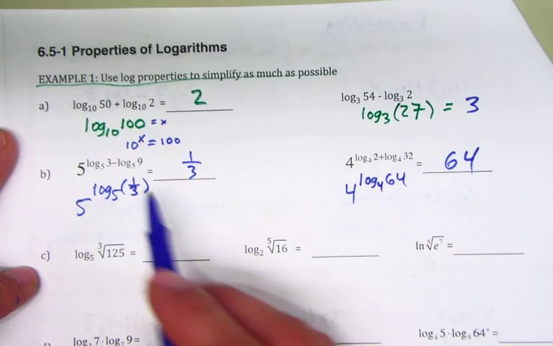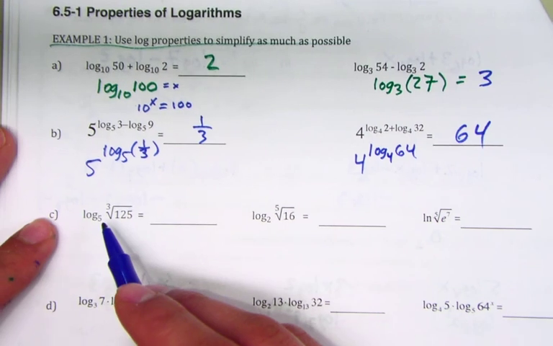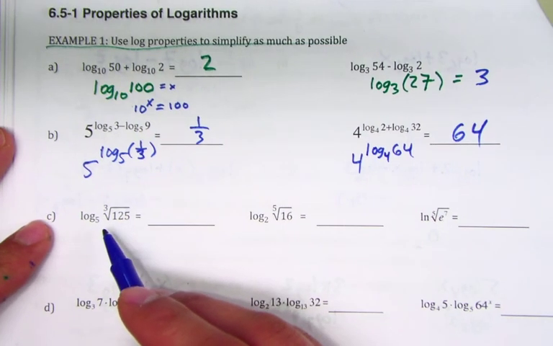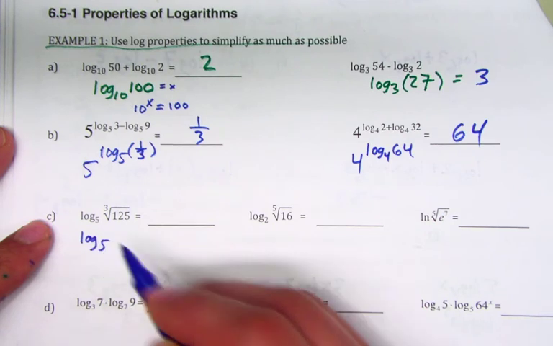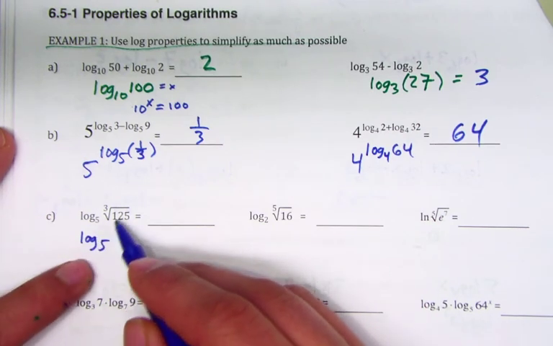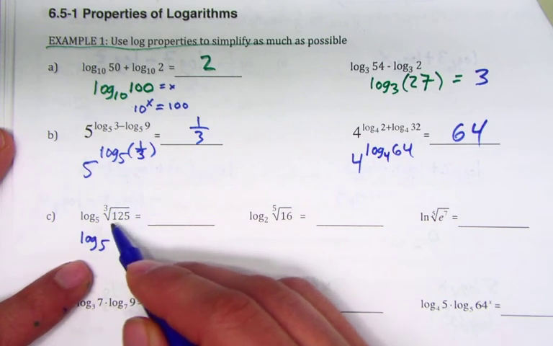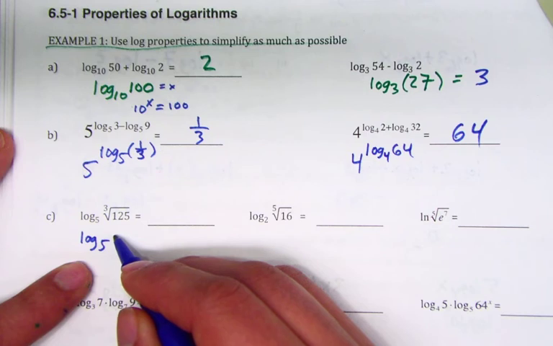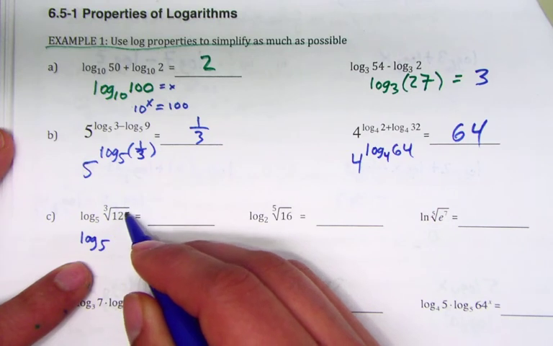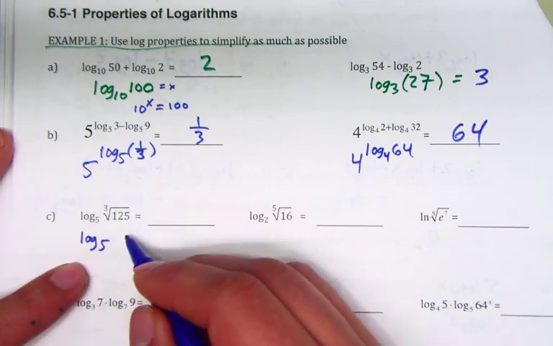Okay, so we're trying to simplify this. Well, that means there's got to be a way. They will, but we got to change this 125 first. 125 is 5, isn't it? Yes. And then it's 5 to the third. Oh, I didn't even see this. Yeah. We know the cube root of 125. That's 5.